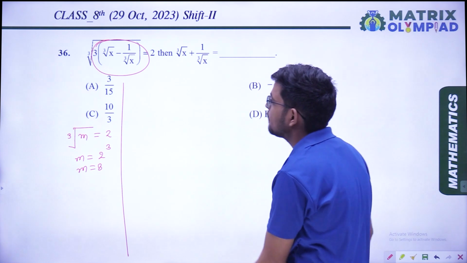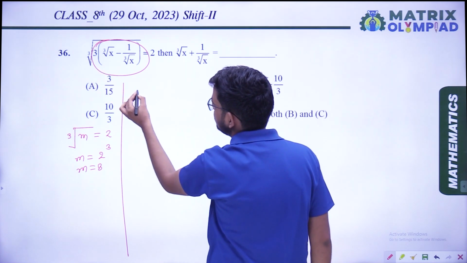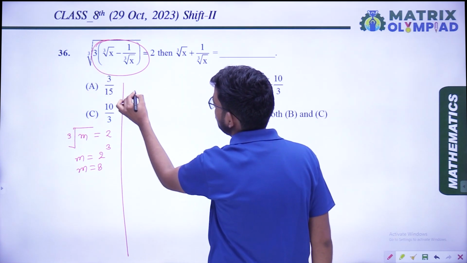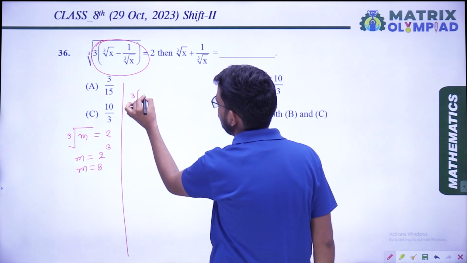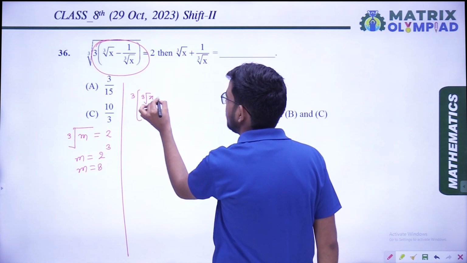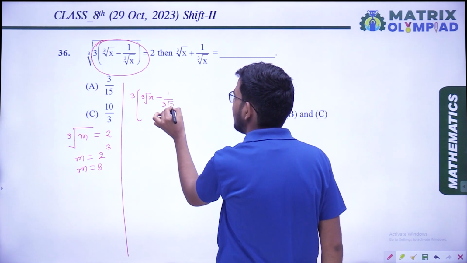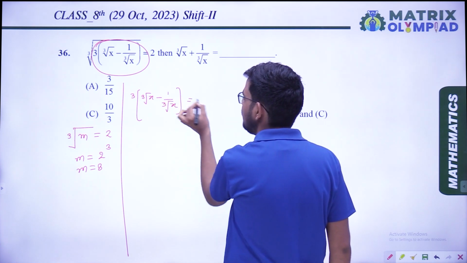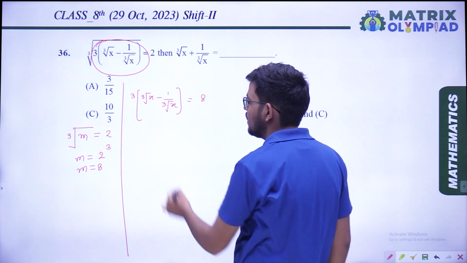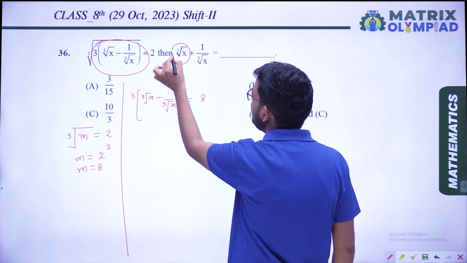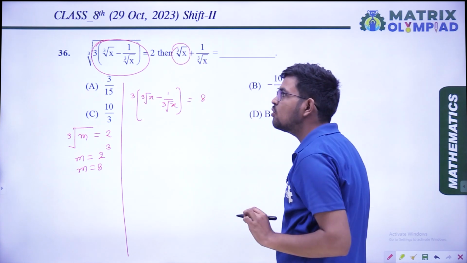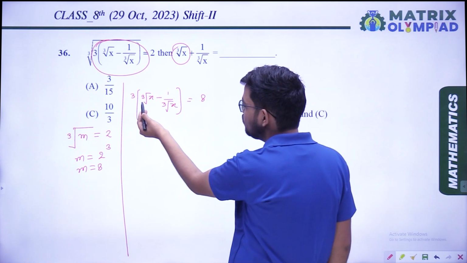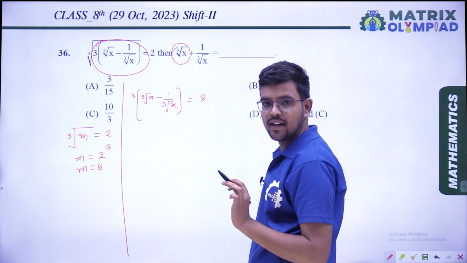So now that is 3 multiplied by cube root of x minus 1 upon cube root of x equals 8. Here we have to find cube root of x plus 1 upon cube root of x. And what is given? Cube root of x minus 1 upon cube root of x.